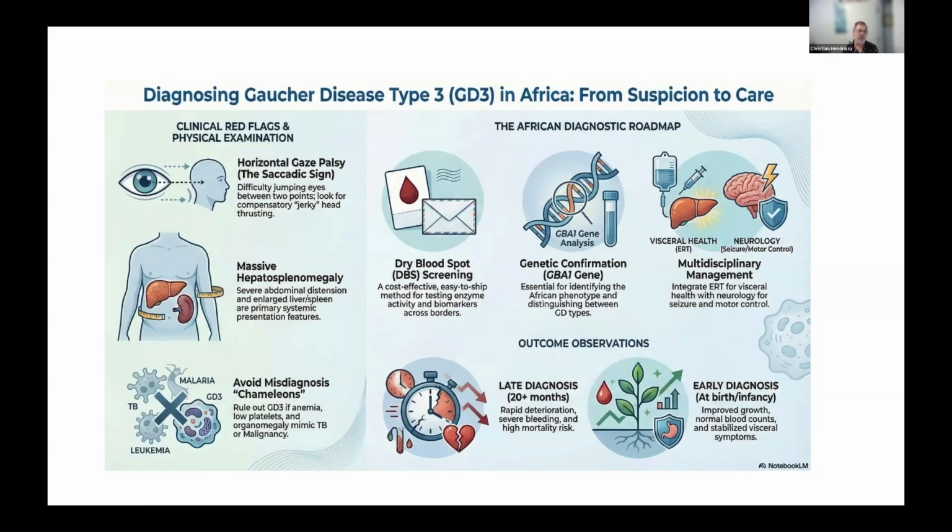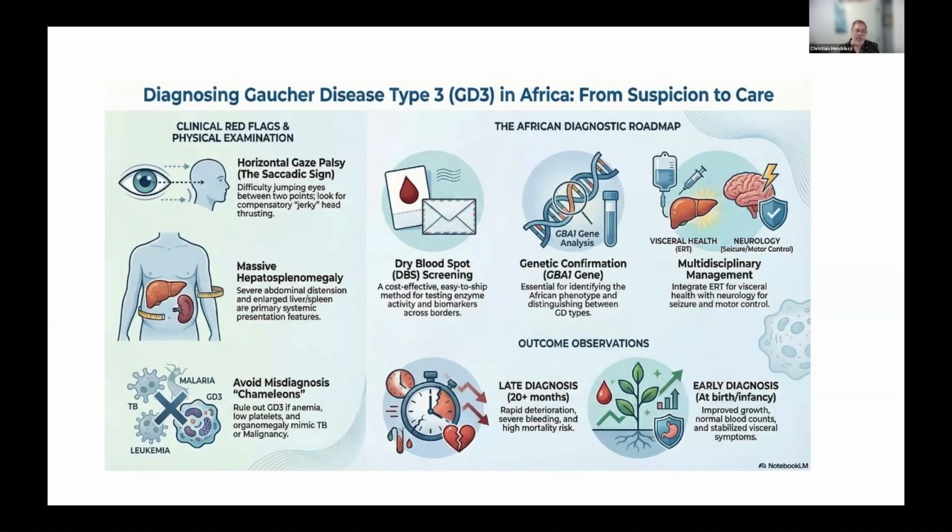It then talks about the massive hepatosplenomegaly with the big livers and spleen, and to remember there are many chameleons, or things that look like Gaucher, which are more common, but which could be missed, and it limits them to malaria, TB, leukemia. So I thought that was quite a good entry point to think about what are the critical things.